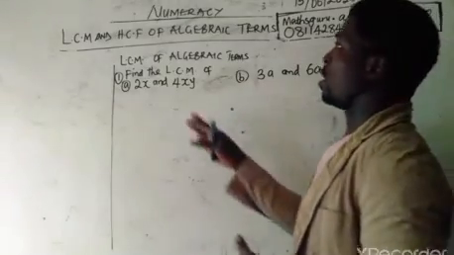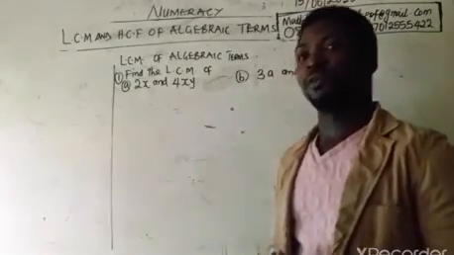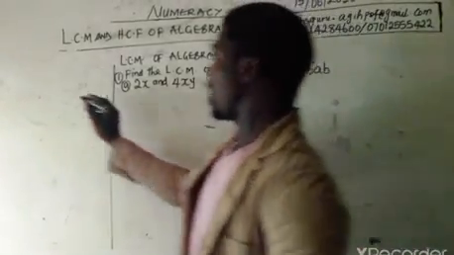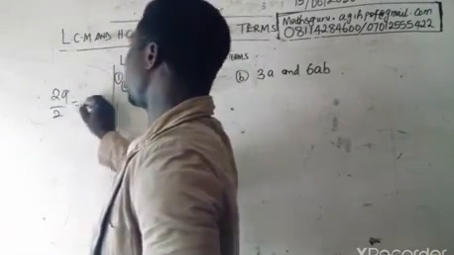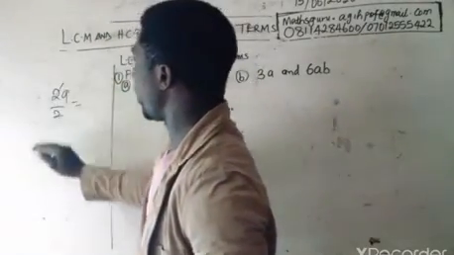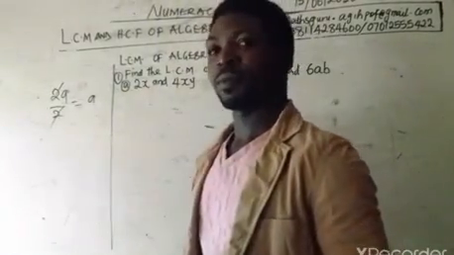Before then, let us quickly recall what we did in division of algebra. We said that if we have 2a over 2, for instance, we have 2 here, which can go off with this to be left with a.